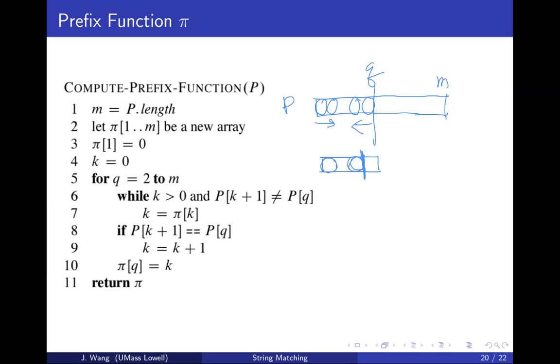So what I need to do now is to know whether this guy is the same as that guy. If that is the case, then I know this will be the new string that matches this. So using the previous matched information, it saves time.